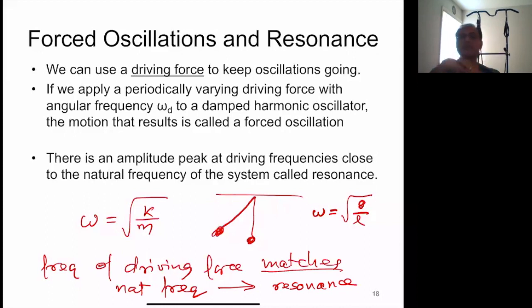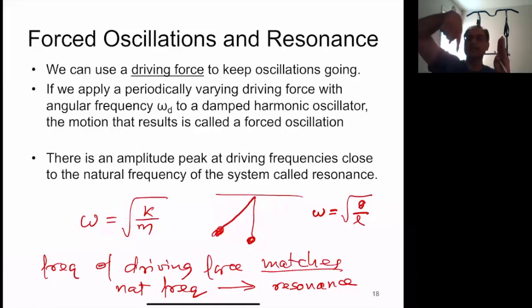And a simple example of resonance is the one that I just talked about. And it's also an example that you're very familiar with. If you remember being on swings when you were a kid, you remember that in order to make the swing go to very large amplitudes, what you would do is you would just keep giving it small pushes every time the swing came back over here, right?